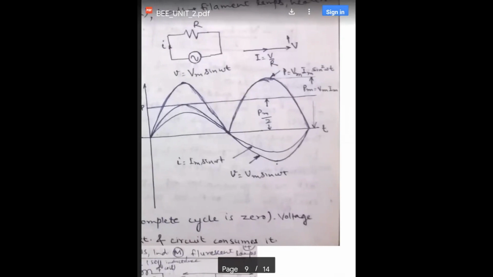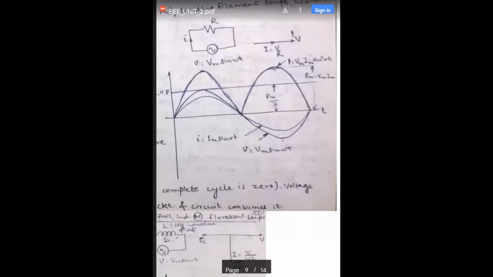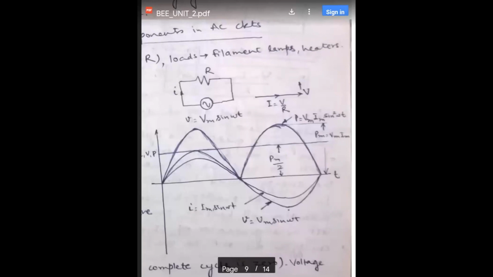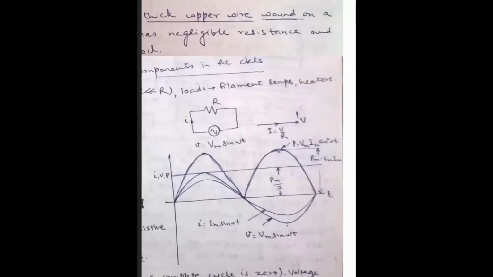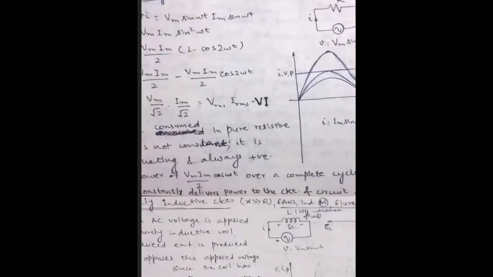So this instantaneous power is denoted by this. We can substitute the values to get this. Pm is the maximum value of the instantaneous power. Now let's derive this. How are we going to derive this average value and the instantaneous value?